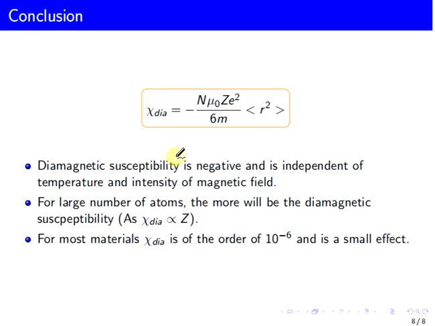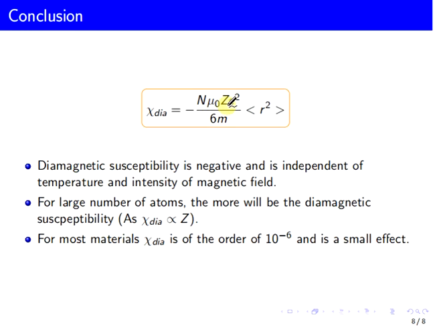From this expression, we can arrive at the following conclusions. The diamagnetic susceptibility is negative and is independent of temperature and intensity of the magnetic field. The quantity is negative, which implies that it is opposite to the applied field. Other susceptibility values, such as paramagnetic or ferromagnetic, depend on temperature, inversely, but this term is independent of temperature.